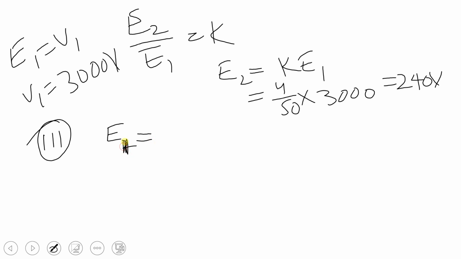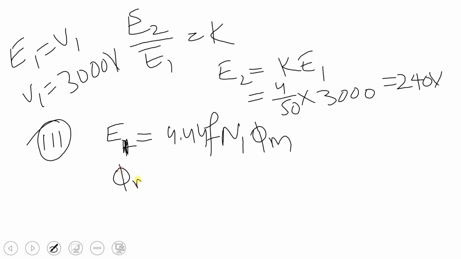E1 is equal to 4.44 f N1 phi m. So we find out phi m. Phi m is equal to E1 upon 4.44 f N1.